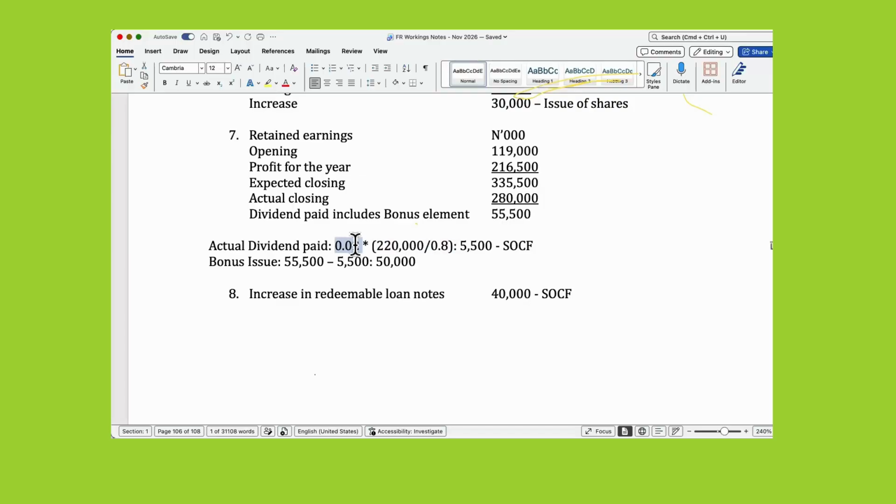So it's 0.02. If it were 2 naira per share, it would have been just 2. If it's 20 kobo, it would have been 0.2. Now that it is 2 kobo, it's 0.02, like I'm dividing them by 100. Is that clear, Ruth? Yes, it's fine. Thank you. All right.